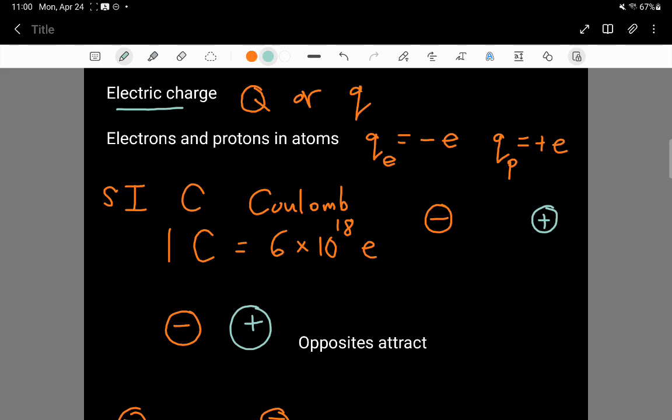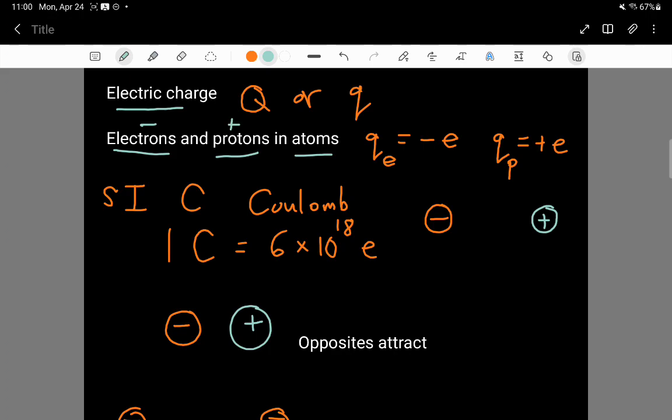But anyhow, the basic reason that the things around us can become electrically charged is because the things around us are made out of atoms, and atoms are made out of protons and electrons. Electrons are negative and protons are positive.